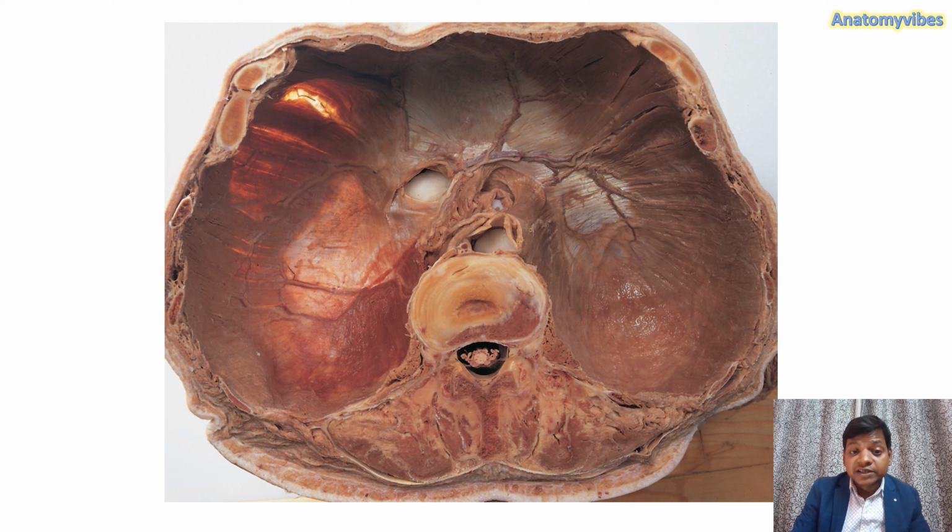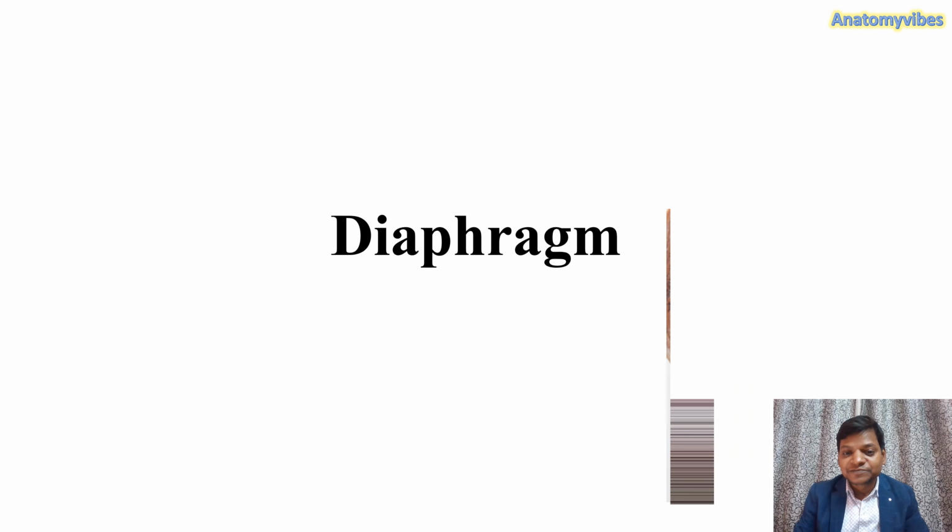Both sided it is muscular and in the center it is tendinous. So hope you have understood the actual structure. This is the muscular part on both sides and in the center part you can see it is tendinous, with trifoliate appearance of the tendinous part.